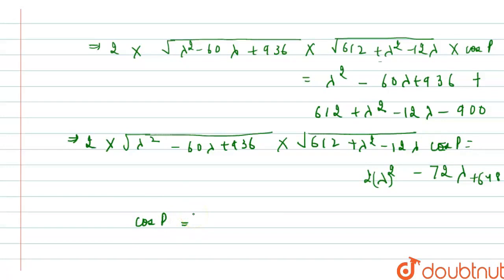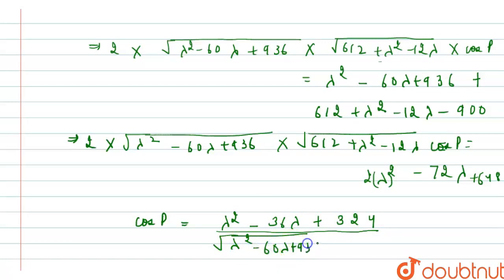So cos of angle P is equal to lambda square minus 36 lambda plus 324 upon under the root of (lambda square minus 60 lambda plus 936) into (612 plus lambda square minus 12 lambda).